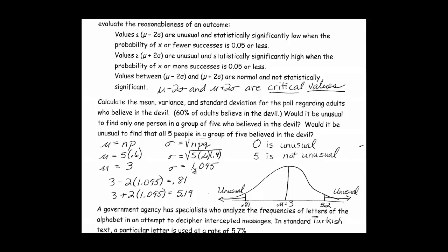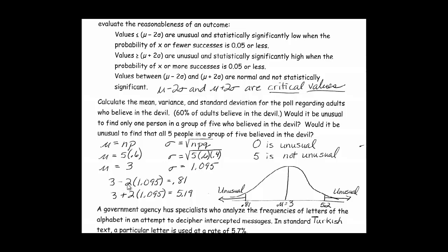So if we think about this just roughly, 2 standard deviations would be around 2 people. So if we said 3 plus and minus 2, that's a range between 1 and 5. So we're kind of there on that borderline. But I don't want you to round just yet. I just wanted you to make sense of what we're looking at in this distribution. We're not going to round.